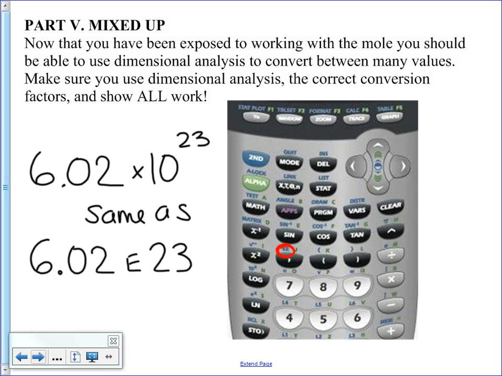And to get to that, you're going to have to hit the second key since it is one of the blue features. So hit the second button and then EE. This E pops up and it means times 10. So that's how you're going to use that feature in the calculator to do your mole particle conversions.